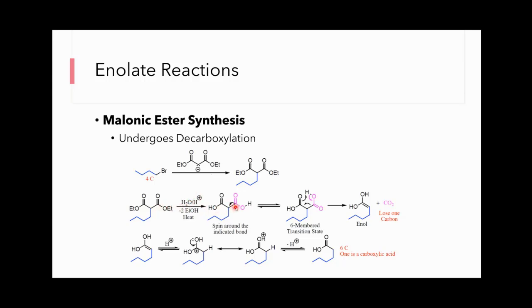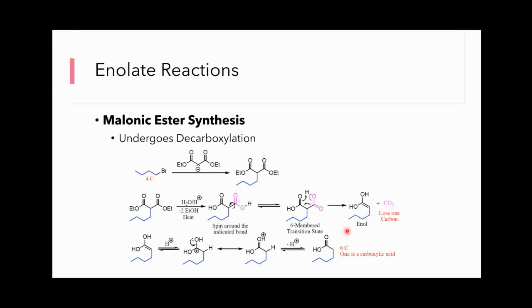By doing so, we now have a beta carboxylic acid, and when that happens, decarboxylation occurs, especially if the reaction tells you to add heat, and so you lose one of the carboxylic acids and you just keep one of the carboxylic acids.